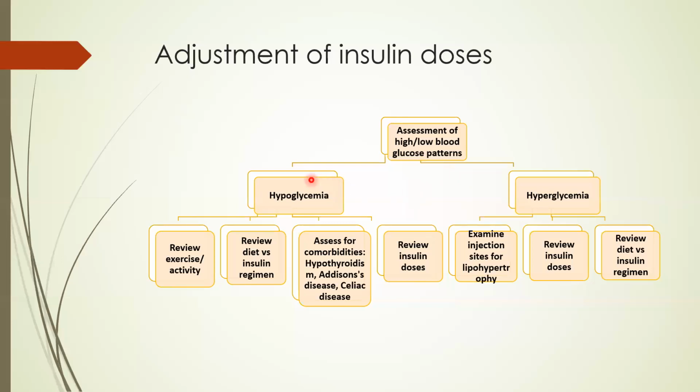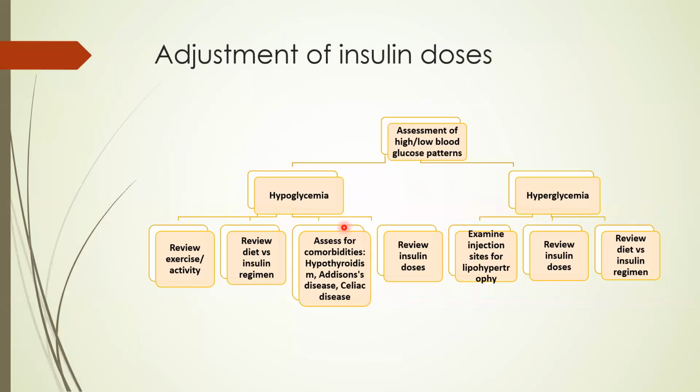If you find that at some intervals there is hypoglycemia, you don't want to just rush to reduce insulin, but you ask yourself, has there been an exercise activity that has perhaps caused hypoglycemia? Is the carbohydrate intake balancing with the insulin regimen that you're giving? Could this patient be having other comorbidities like hypothyroidism or Addison's disease or celiac disease perhaps?